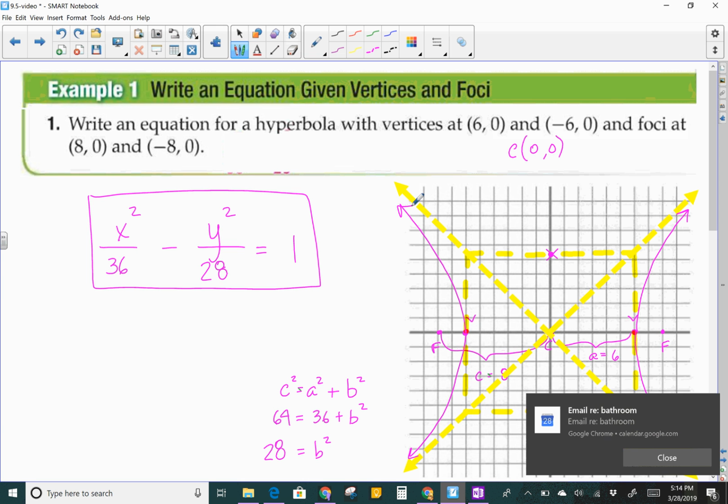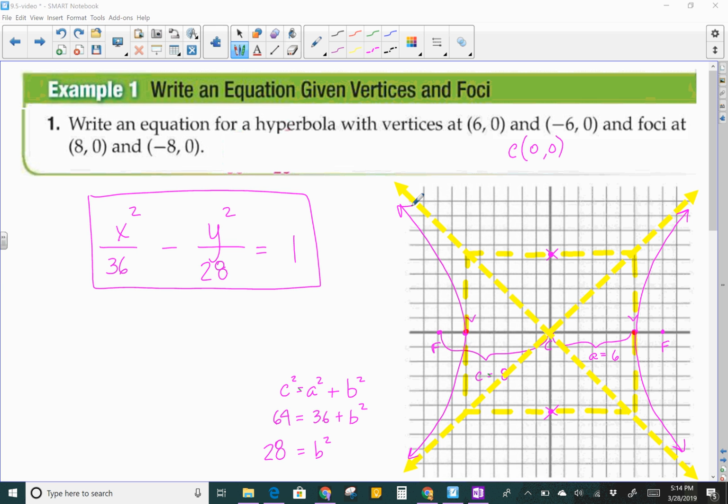If you have to write the equations of the asymptotes, just to help you out, it is the tops of this thing. Y equals plus or minus something x. You just need the slope. Well, how can you find that slope? It's basically up.